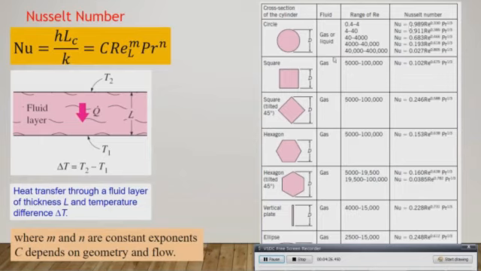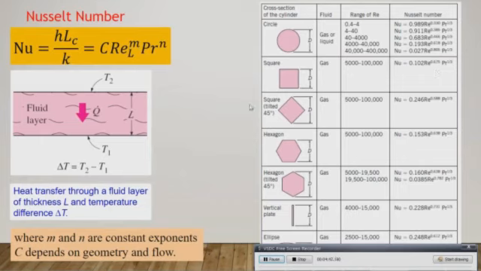For example, for a square, with the Reynolds number range between 5,000 and 100,000, the Nusselt number is given by C, which is 0.102, times the Reynolds number to the power of m, where m in this case is 0.675, and then the Prandtl number to the power of 1/3.